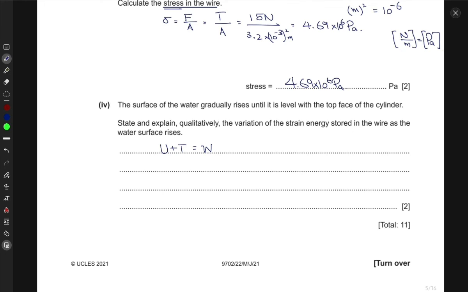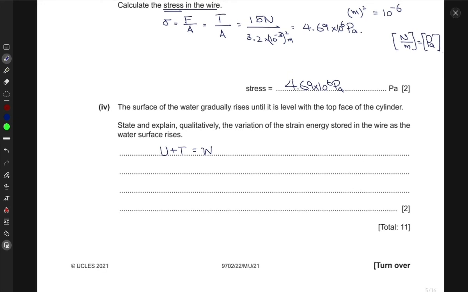So since the weight is constant, the upthrust is going to increase. And why is it going to increase? Because of the depth of the liquid. If you go deeper and deeper, the upthrust is going to increase and increase. And if the upthrust is increasing, that means that the tension should also be increasing. And if the tension increases, then clearly the strain energy that is stored is going to increase.